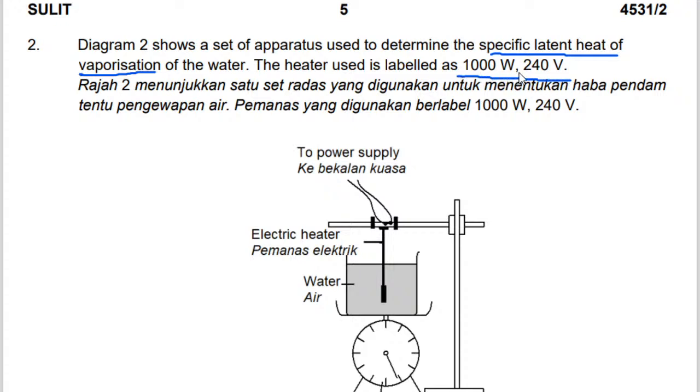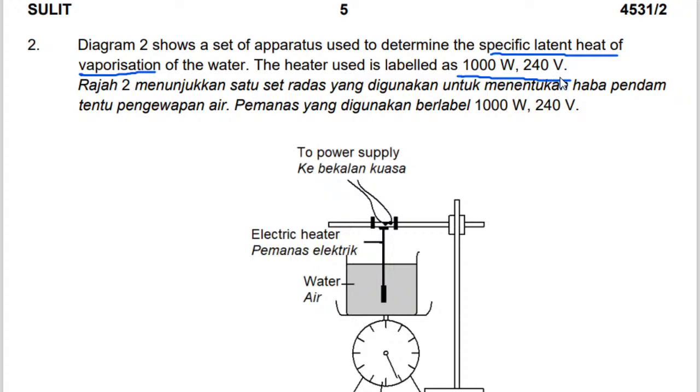So the heater is labeled with this: 1000 watt 240 volt. What is the meaning of this labeling? Chapter electricity, form 5 chapter 2, they can ask you also, what is the meaning of this labeling? 1000 watt 240 volt. Apa maksudnya? Sometimes they ask you a 1 mark question, asking what is the meaning of this label?